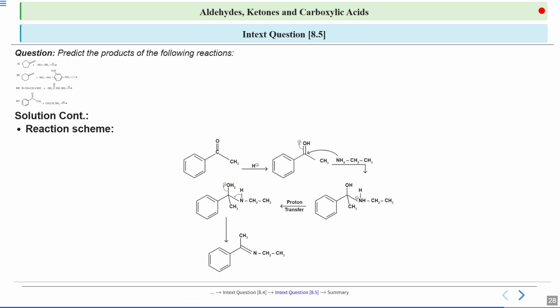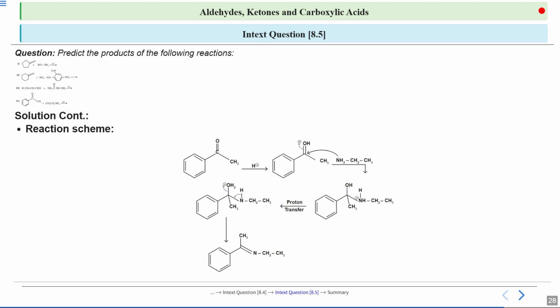Then there is a proton transfer. A proton is transferred from the nitrogen to oxygen, increasing the water's leaving ability. Now OH2 is a better leaving group. Then the molecule undergoes acid catalyzed dehydration, losing a molecule of water, which results in the formation of imine.